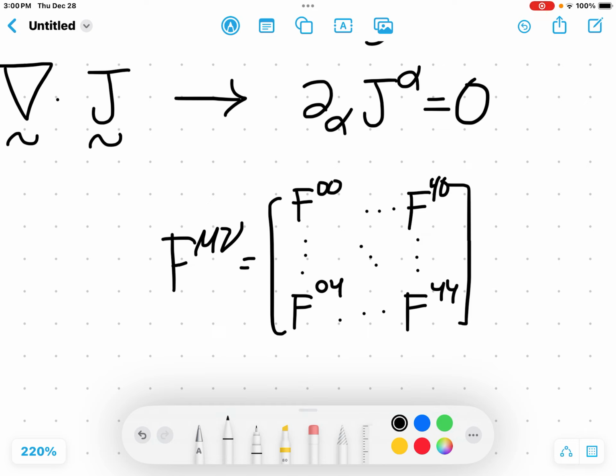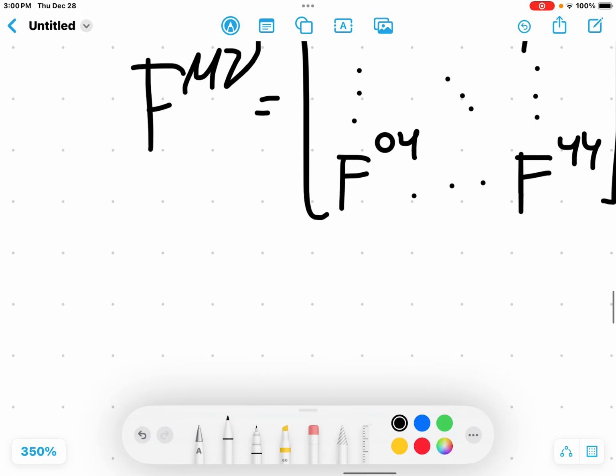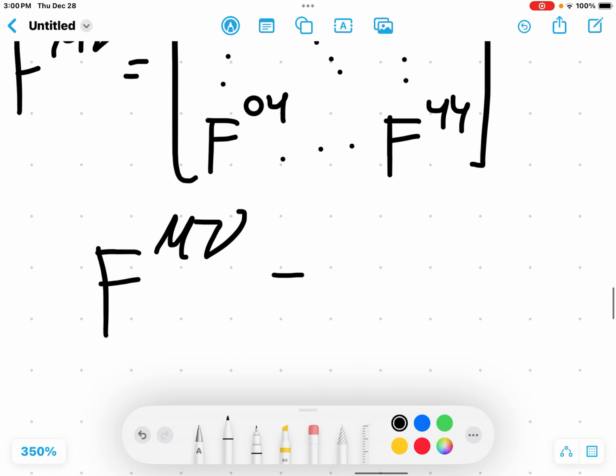So what we now want to do is consider an anti-symmetric tensor. I'm going to require that my F mu nu is such that F mu nu is equal to minus F nu mu. What do I mean by it satisfying this?